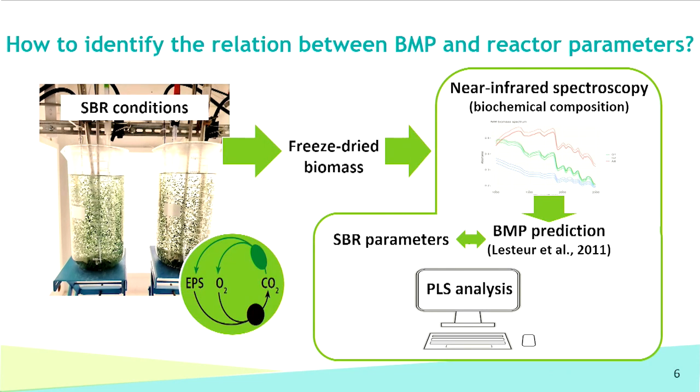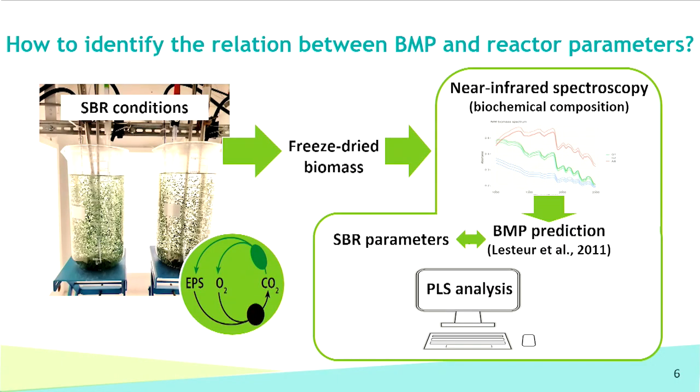So how do we identify the relationship between the BMP and the reactor parameters? Well, we grew the OPGs under different conditions in the reactors to harvest biomass that was freeze-dried and afterwards analyzed with near-infrared spectroscopy. Then we use these spectra to predict the methane potential using a model from Leicester that was already proven.